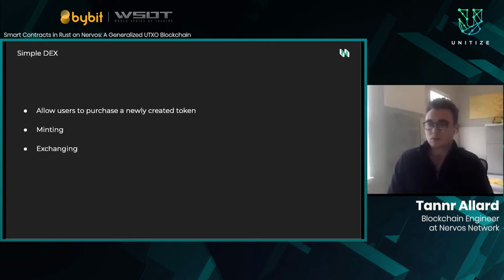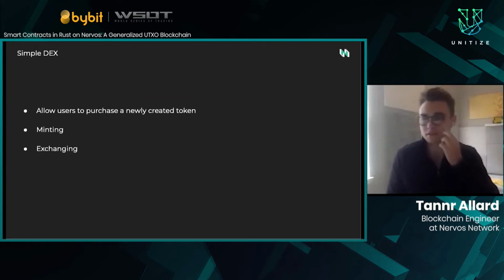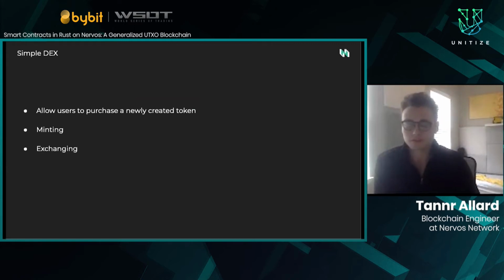So what we're going to be going through today is a simple decentralized exchange. And I remember I said that it's a multi-asset chain. That means that users, developers, can create their own custom assets, their own custom tokens.